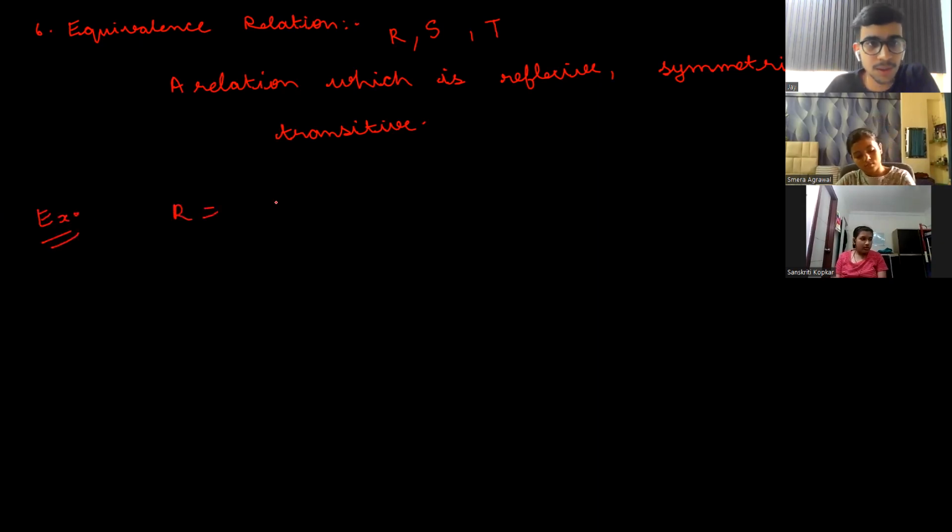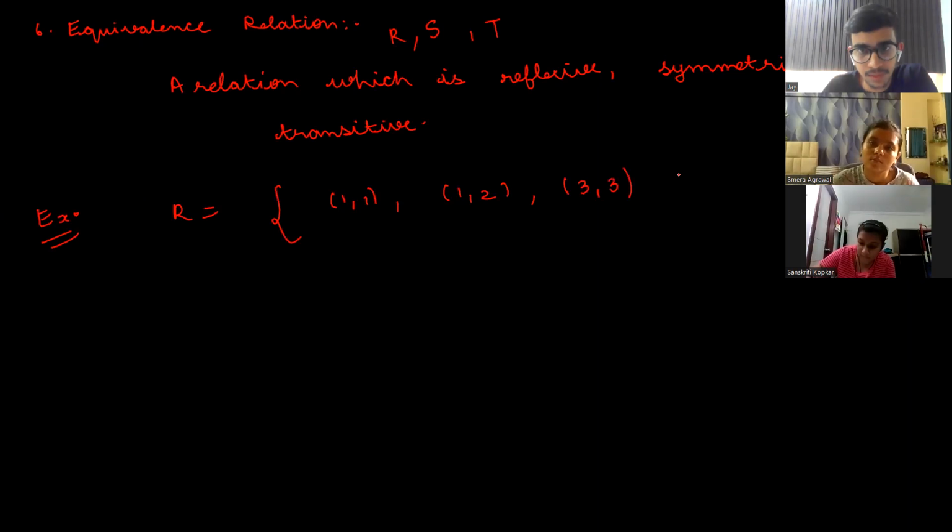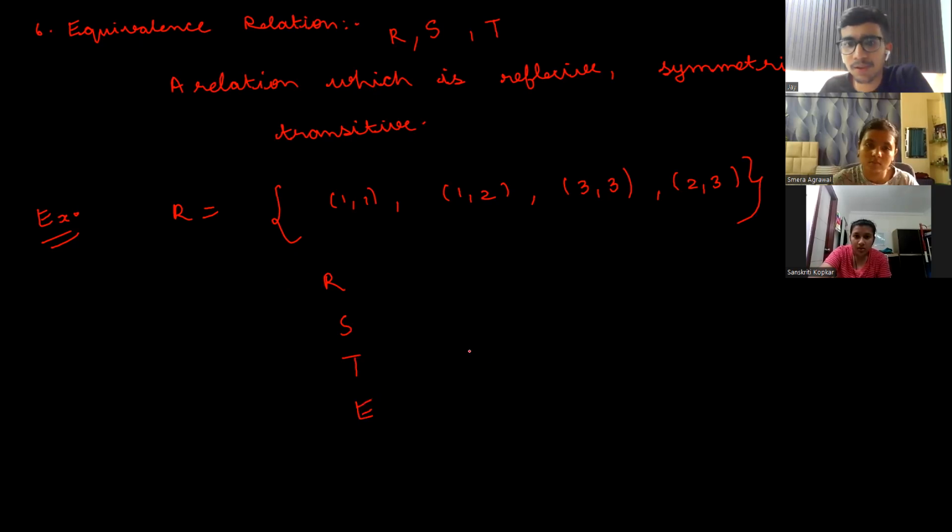So let's say एक relation मैंने बनाया and it has the elements 1 comma 1, 1 comma 2, 3 comma 3 and 2 comma 3. You have to tell whether it is reflexive, symmetric, transitive और equivalence. अच्छा, equivalence होगा तो बाकी के तीन भी होंगे, right?